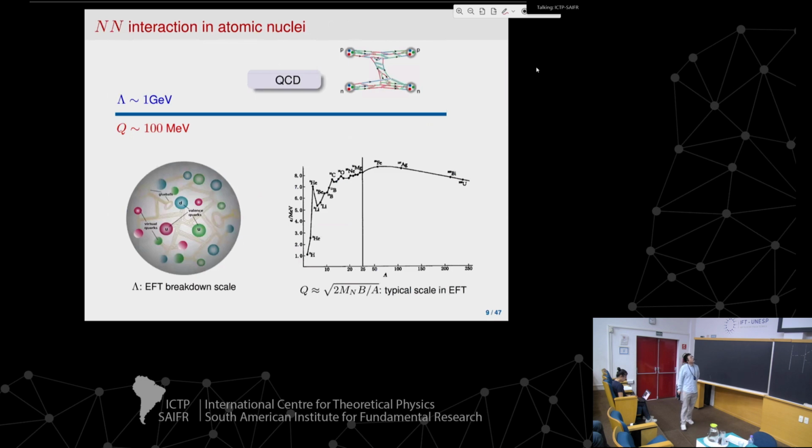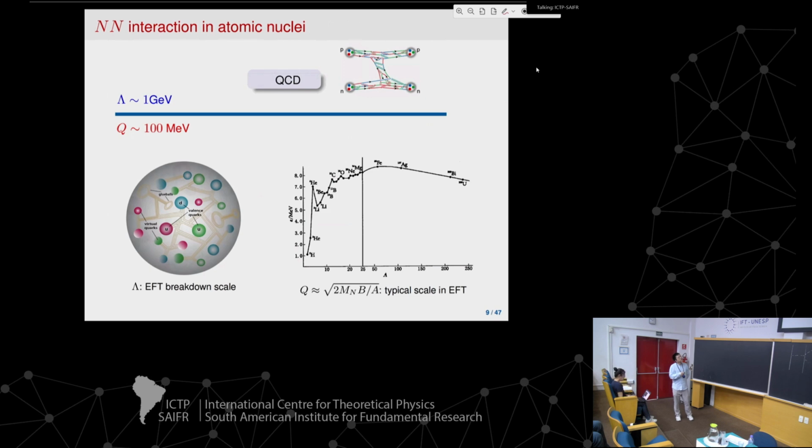Okay, so let's take a few examples of those effective field theories. One, already mentioned, is chiral effective field theory. To describe nuclear interactions in atomic nuclei, the underlying theory is QCD. So this high momentum scale lambda is about 1 GeV, which would give you the quark and gluon degrees of freedom.